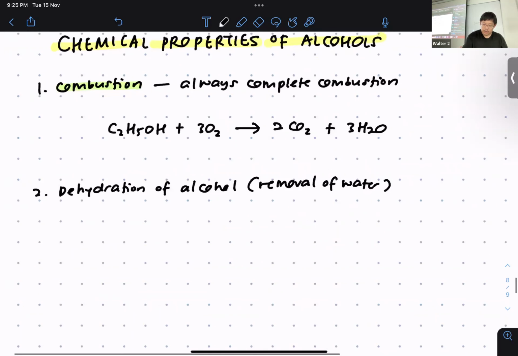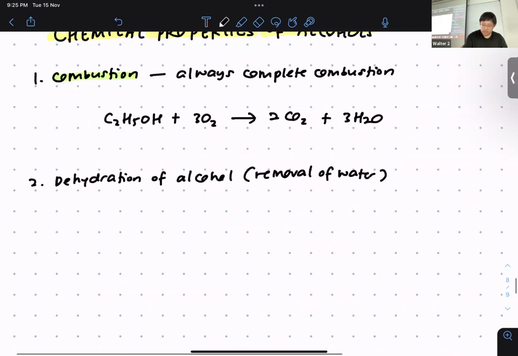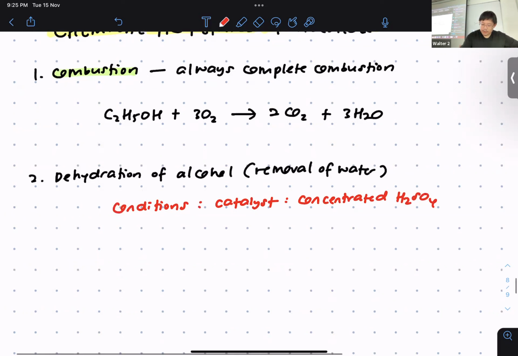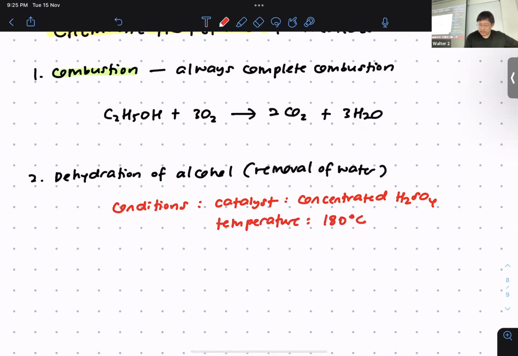And the condition here is that you must use a dehydrating agent, which also acts as a catalyst, and that will be concentrated sulfuric acid. Okay, and a temperature of 180 degrees Celsius.